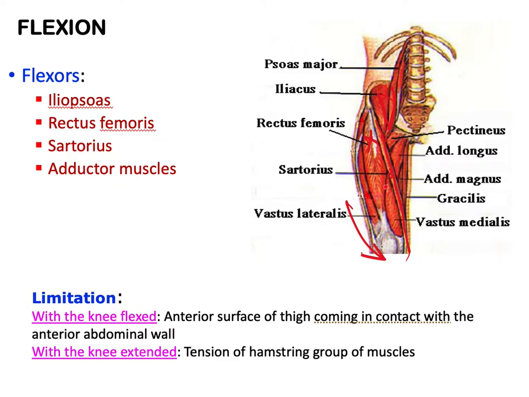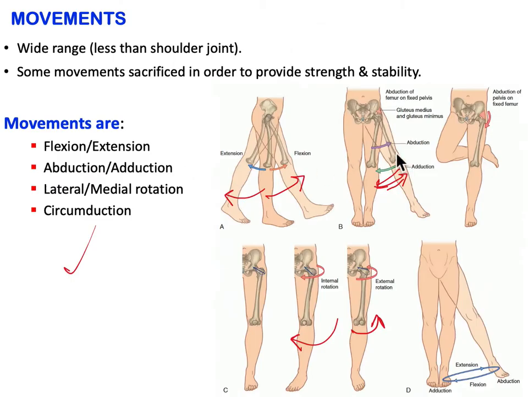Of course, there is a limitation when you flex your thigh, up to the point at which the thigh will come against your chest, or abdominal wall, I mean. And if you extend your knee and try to flex your hip joint, the limitation would be the tension of the hamstring group of muscles from the back. Let me show you here.